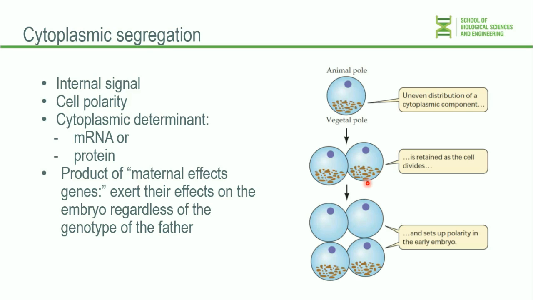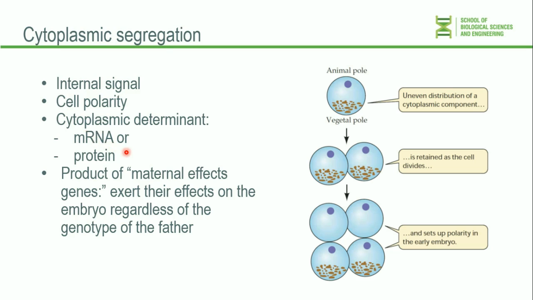Now, not only are the nucleus and the nutrient stores unevenly distributed in the cytoplasm, but we also have certain molecules that we call cytoplasmic determinants, which may either be mRNA or proteins that are unequally distributed within the cytoplasm.